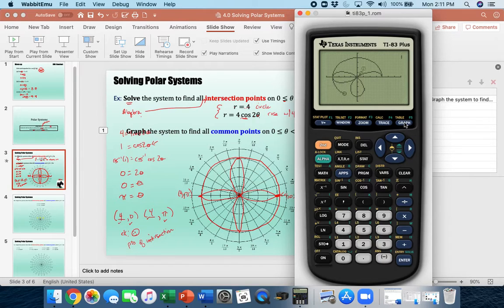And look at what happens when I graph simultaneously. Can you see what's happening? Boom! Let me do that again. Look at those bubbles. Watch those bubbles go. Let me turn this off, and let me turn this back on. Watch when the bubbles meet. They met at the beginning.